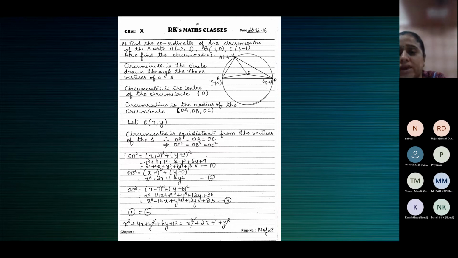So OA is equal to OB is equal to OC, or OA square is equal to OB square is equal to OC square. So equate any two to find the values of X and Y. Got this, children?